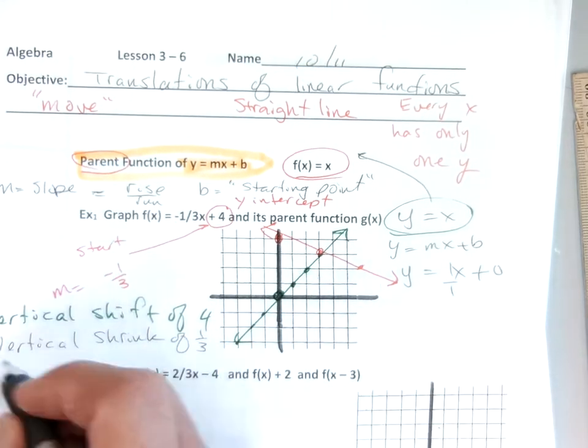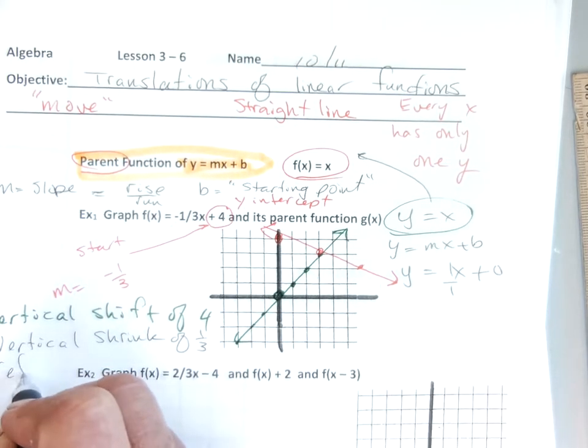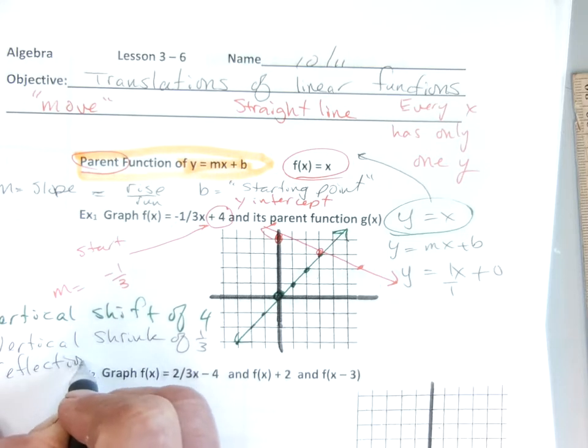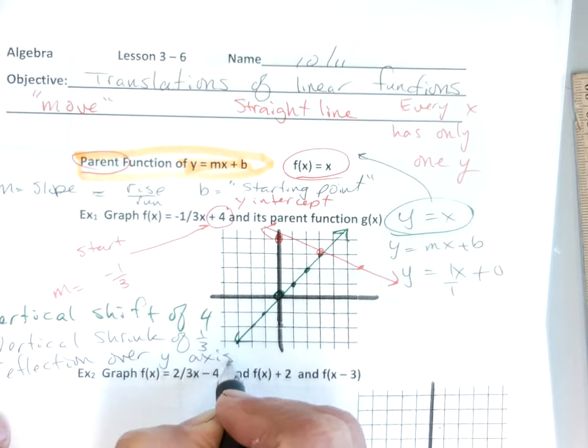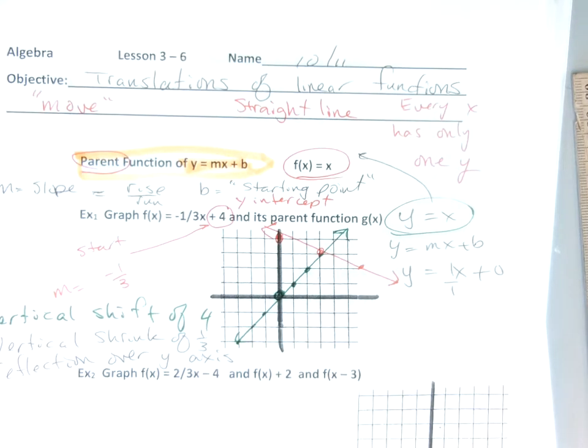So I also did a reflection over the y-axis. Okay? Again, don't let this stuff bother you. I don't need you to be perfect at this yet. This is the kind of stuff that we're going to continue to learn over the next 3 years, okay? But we started here.